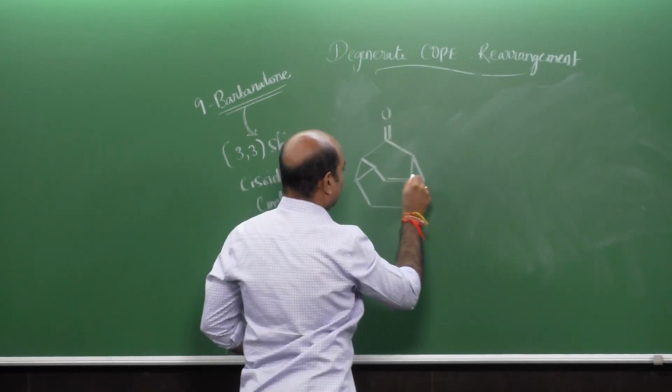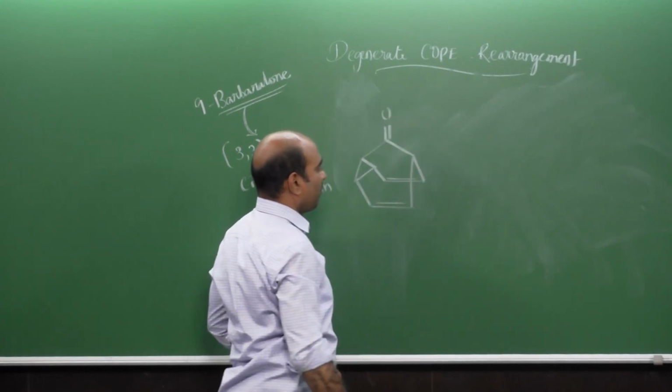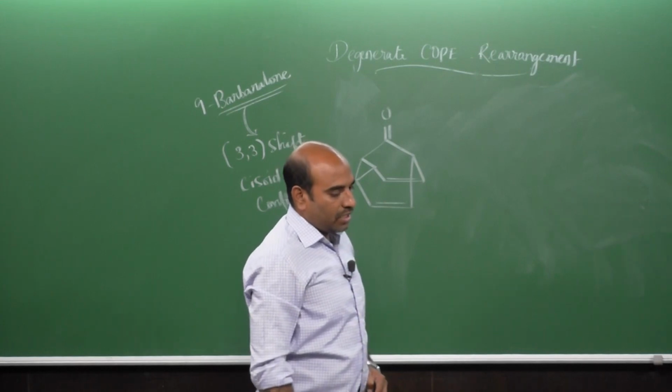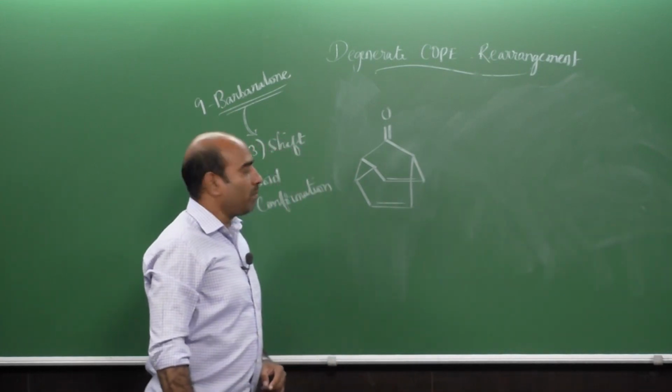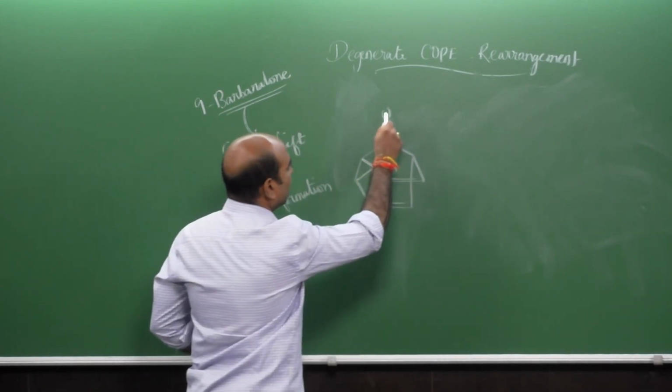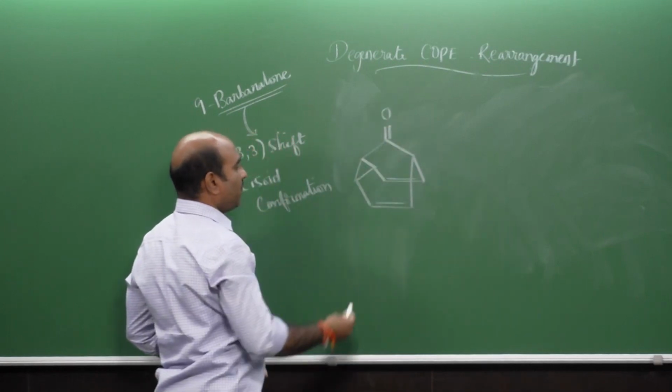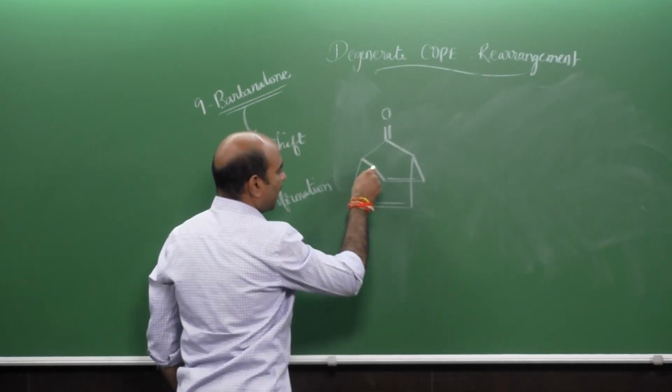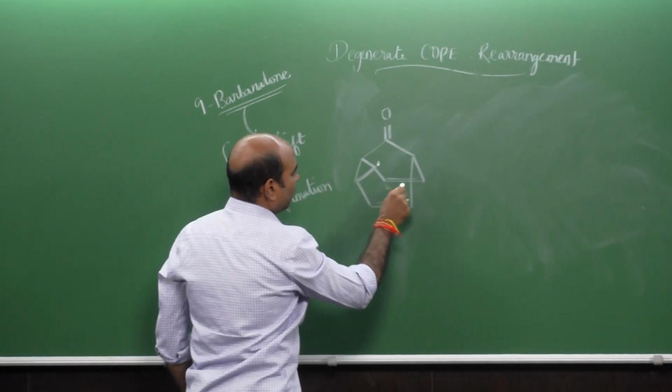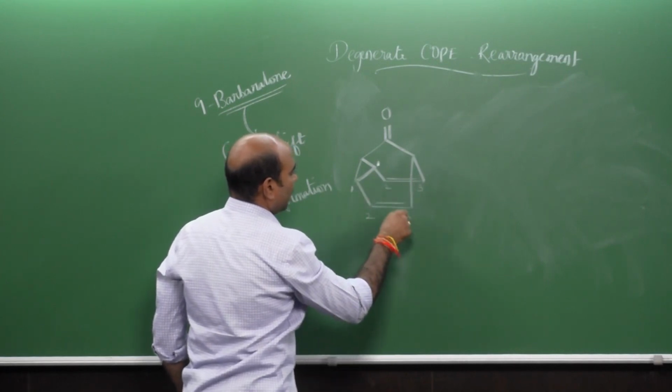So, this is the 9-barbaralone molecule where there is a carbonyl function here, and this is the sigma bond which is likely to migrate, 1, 2, 3 and 1, 2, 3.